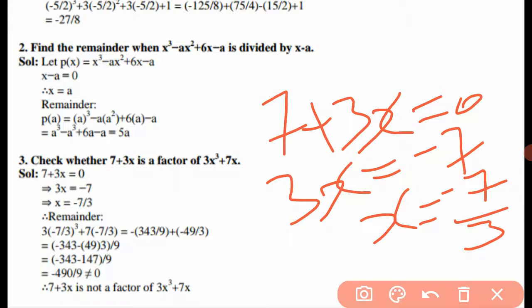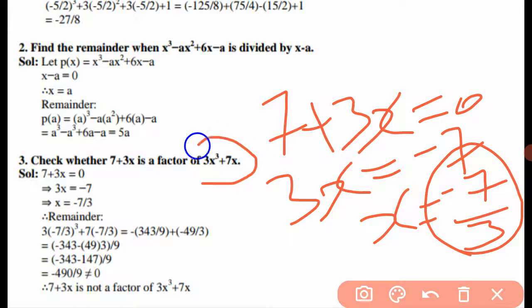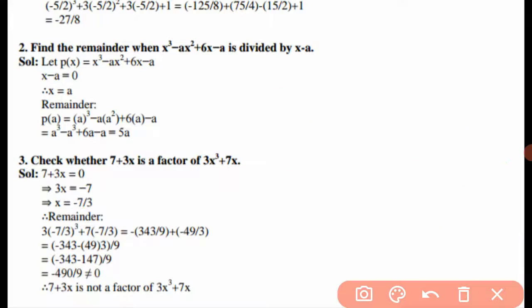By putting this value in the equation, if the answer is 0 then we can say it is a factor, and if the answer is not equal to 0 then we can say it is not a factor. So by putting this value in the given equation, the answer is equal to minus 490 upon 9, that is not equal to 0. So we can say that 7 plus 3x is not a factor of 3x cube plus 7x. So in this way we can do this question.